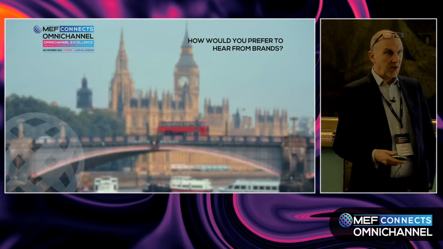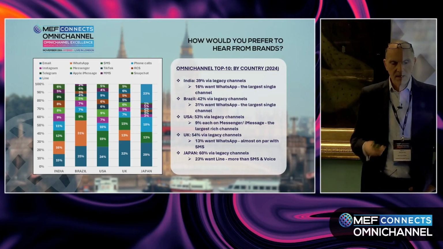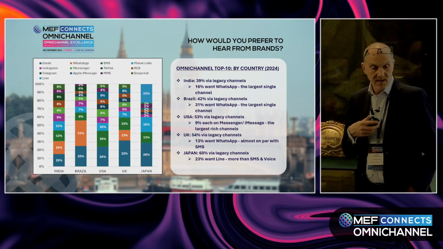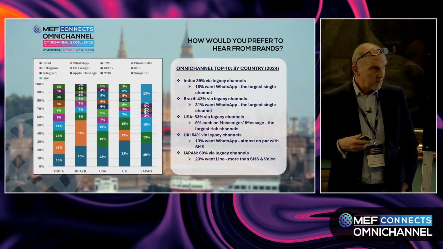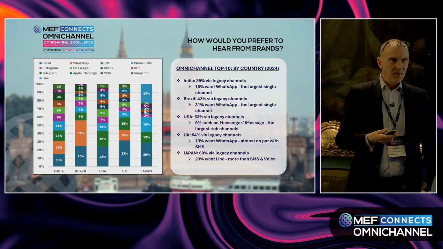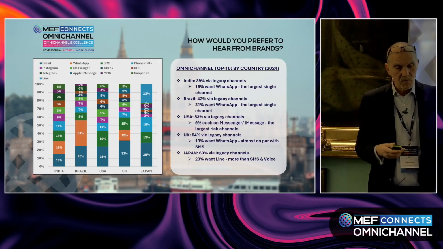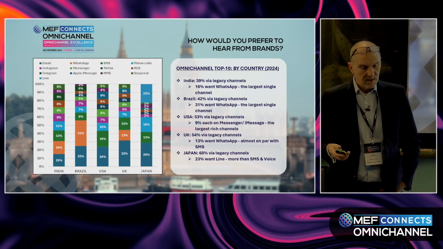And it gets even more nuanced when we begin to look at the different markets, the different territories, and the country preferences. So we did 15 markets. I've just selected 5 countries here. Of those 5 countries, with their top 10 preferences, we're now dealing with 13 or so different channels. And look at the mobile-first economies here.